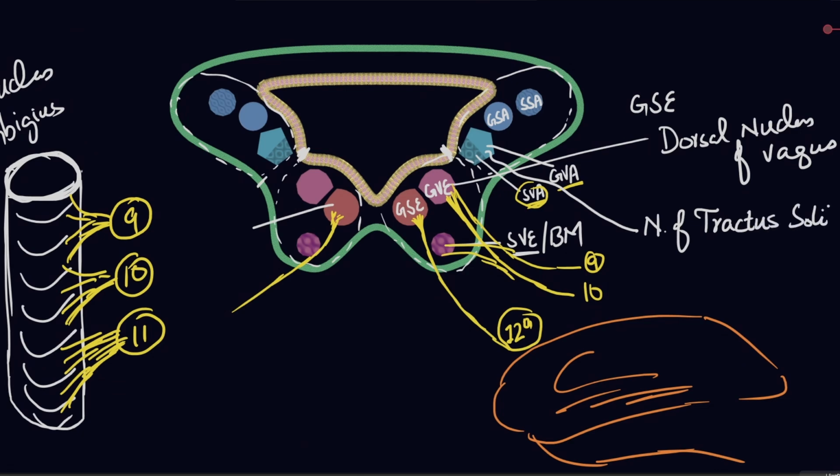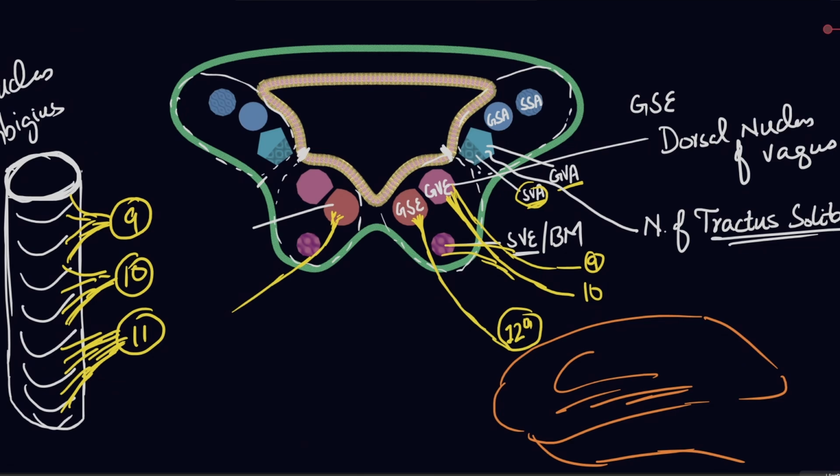I love pronouncing this, even though I may be pronouncing it wrong, but anyhow, it's an amazing name. Nucleus of tractus solitarius, or solitary nucleus. I don't think it's lying solitary. It has company along with other nuclei. I don't know why it is named the nucleus of tractus solitarius, but it is what it is.